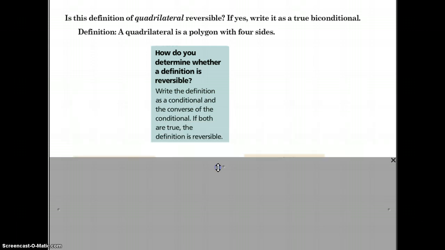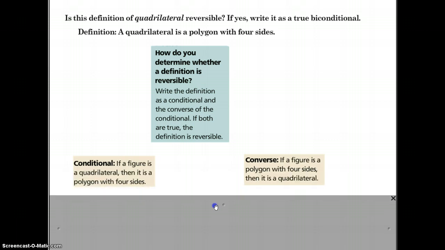Here's our definition: a quadrilateral is a polygon with four sides. Let's talk about what makes a good definition, what makes it reversible. Write the definition as a conditional and the converse. If both are true, then this is reversible. My conditional is: if a figure is a quadrilateral, then it is a polygon with four sides.